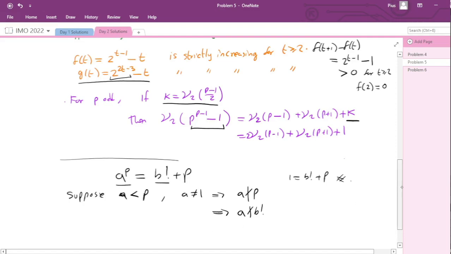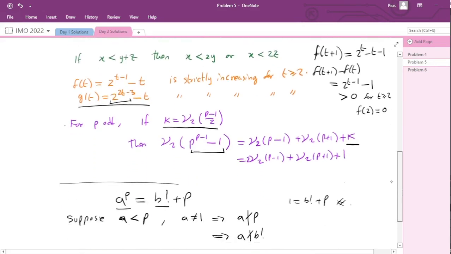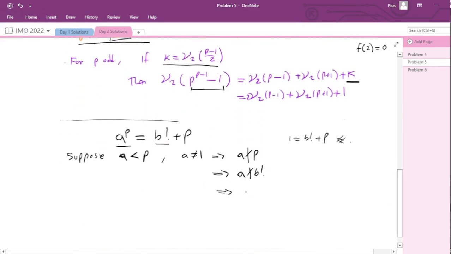Okay, so from this now, we're going to use one of the initial stuff we got, that if x doesn't divide b factorial, then x has to be bigger than b. So this says that a will have to be greater than b. Of course, a itself is already less than p, so we have this order.